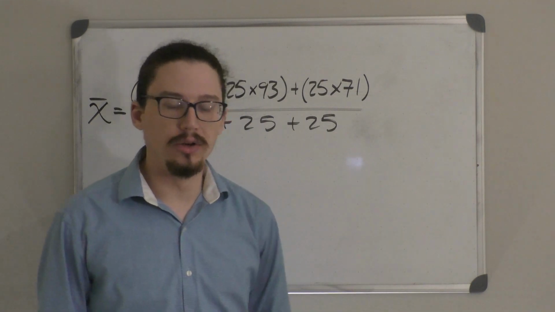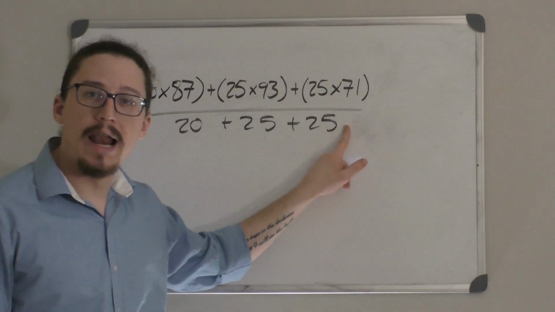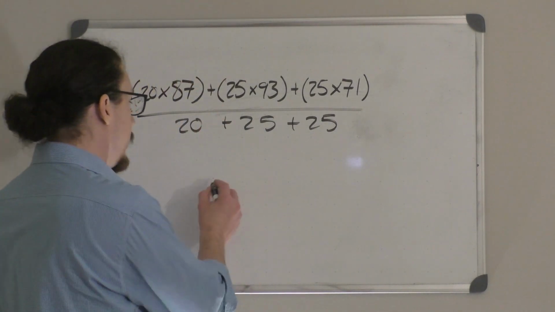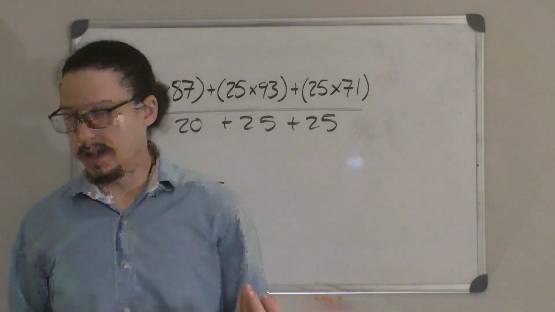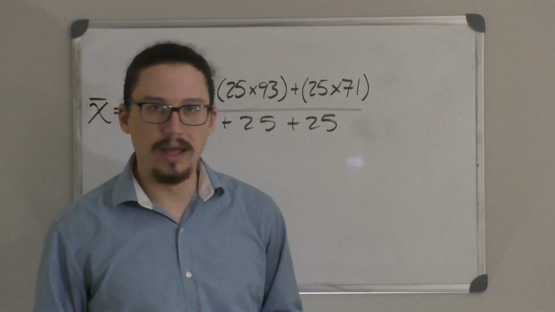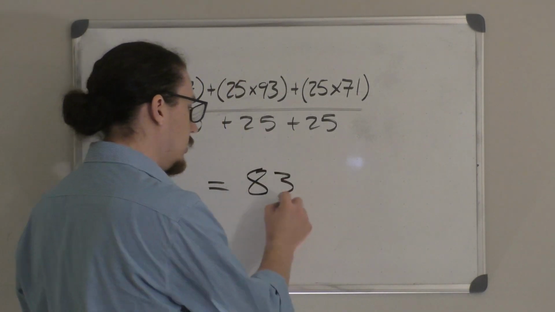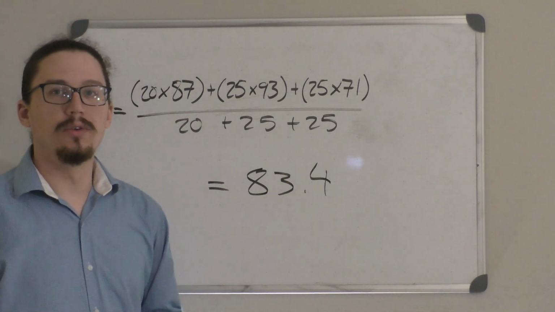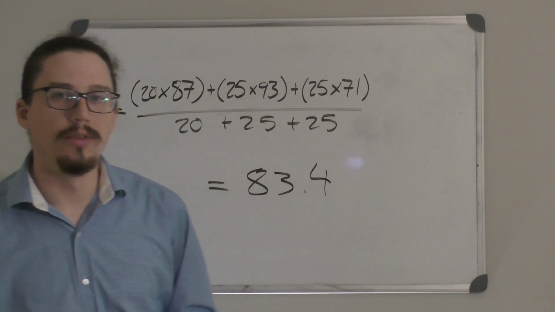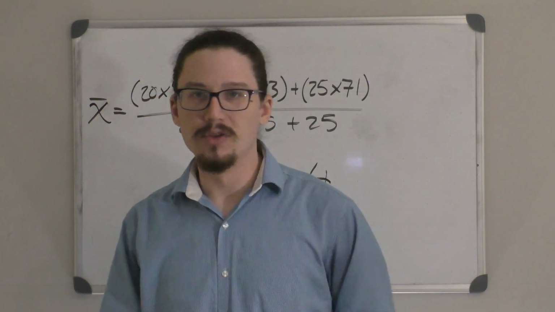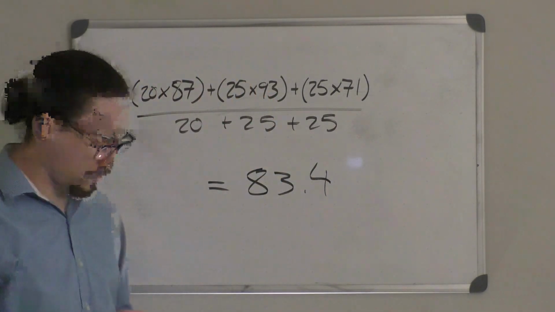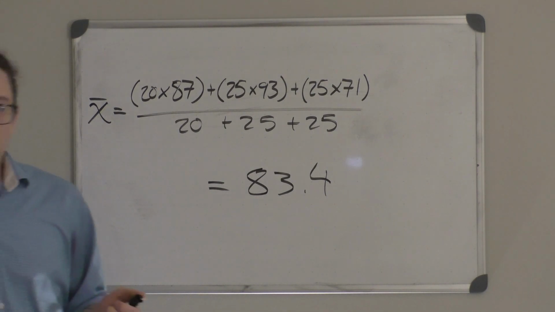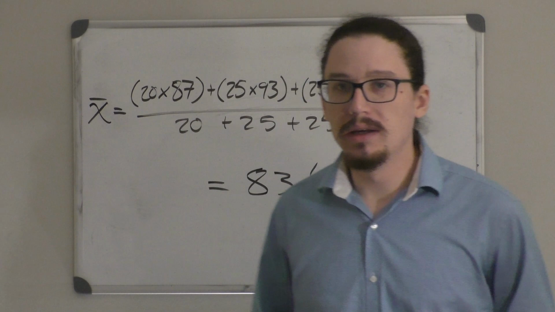If that were the case, all we would have to do is just not include those two things. We don't have the final yet, so we can't include it in the numerator, and then we just would not have that weight down here in the denominator. Everything else would be done just like we did, and I'll tell you that the final grade without the final would be an 83.4, so you can run through this on your own to see if you get that answer.